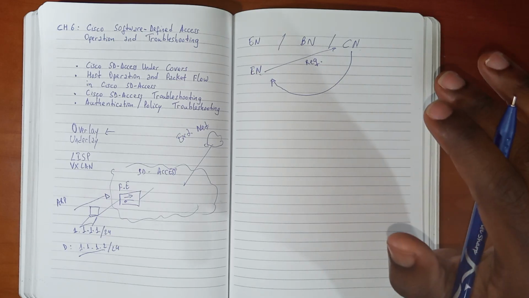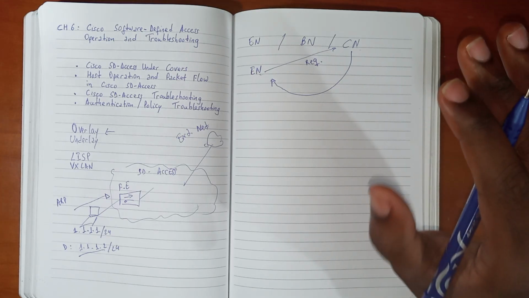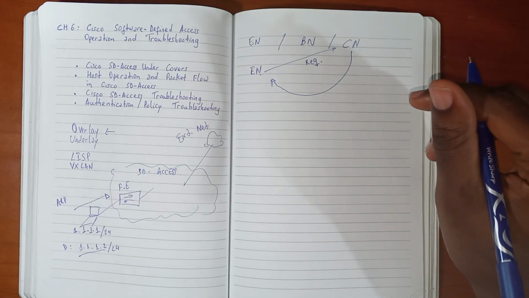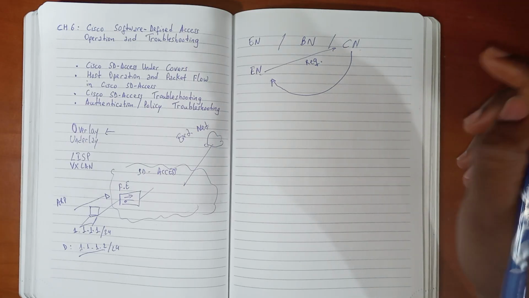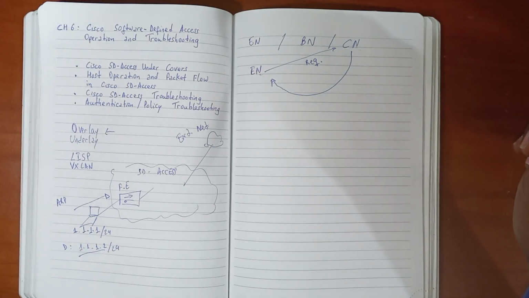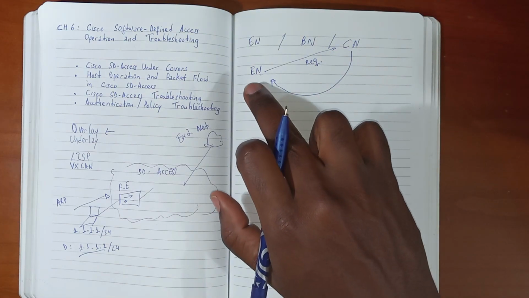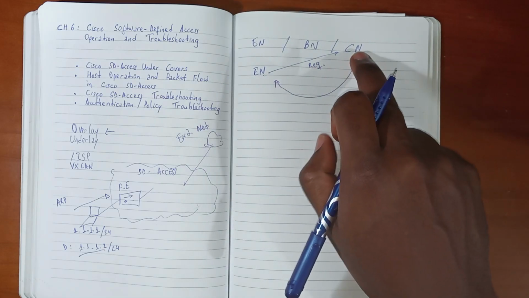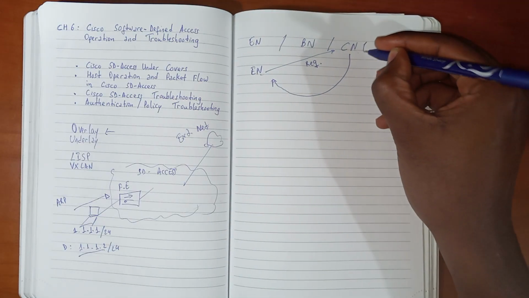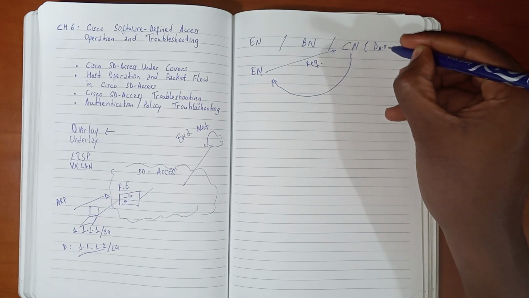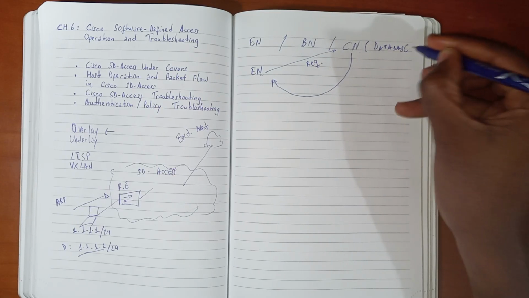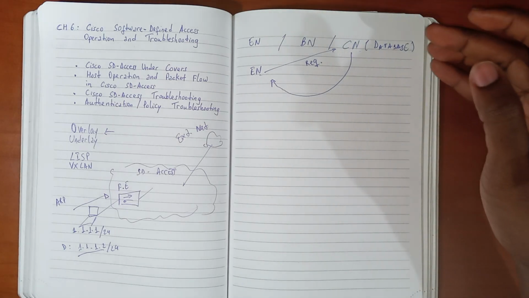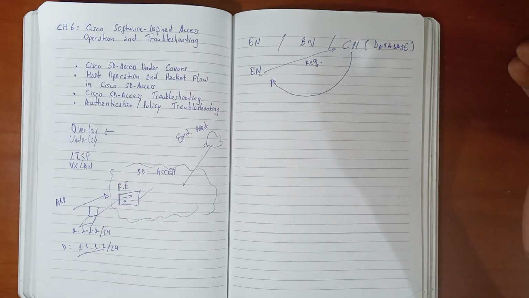We have different kinds of specific things, like what happens in the intra subnet traffic is a little bit different from what happens in the inter subnet traffic between different subnets. But we have to know that every time the edge node doesn't know where the destination is, it will request the control node. The control node is the one containing a database about the location of each endpoint inside the fabric.